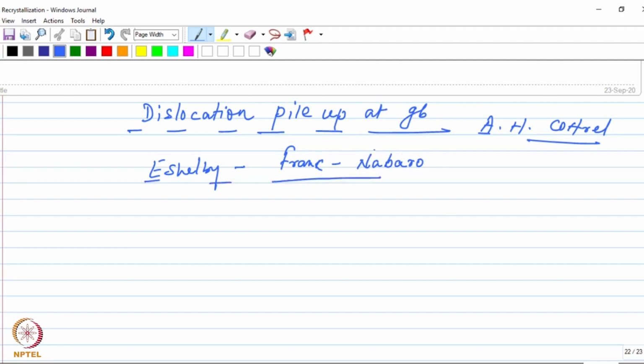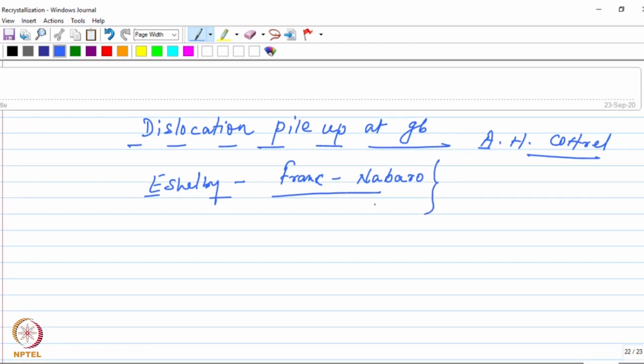So with the help of this dislocation pile-up theory which was proposed by Cottrell, Eshelby, Frank and Nabarro took it up to derive the Hall-Petch relationship. So let's say we are talking about a grain boundary here and the pile-up of dislocations at the boundary.